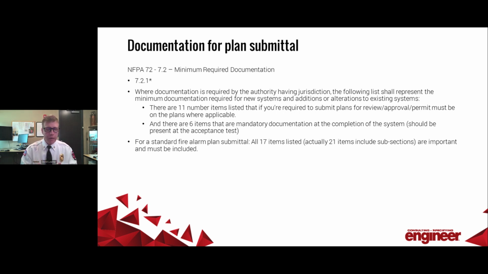That's something like the record of completion, the as-built drawings, the manufacturer's instructions and maintenance documents, items like that. And then there are some sub-bullets in there. So when you add it all up, I think there are 21 items that are mandatory if you have to submit it, right? These are the minimum items that you have to put on those plans.